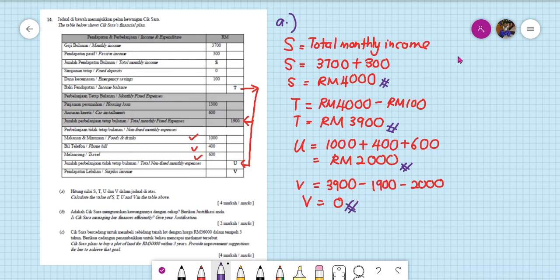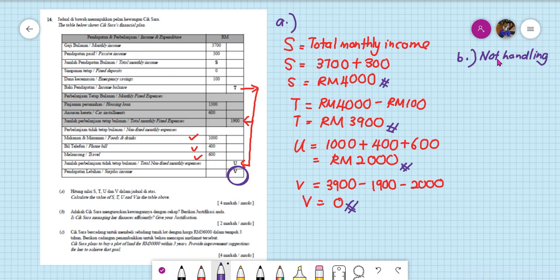For question B, is Sarah managing her finances efficiently? Give your justification. Looking at the surplus, which is 0, it shows that she is not handling it efficiently.